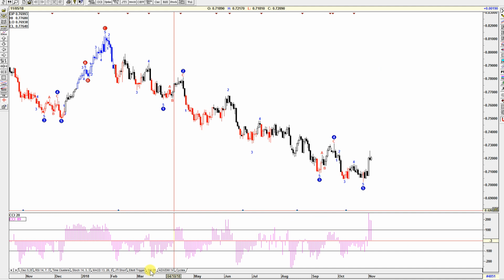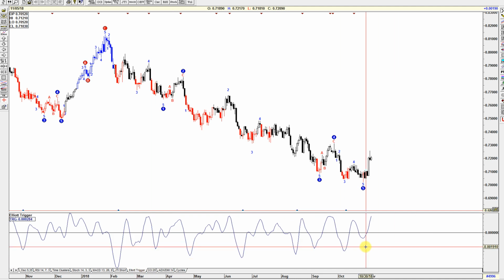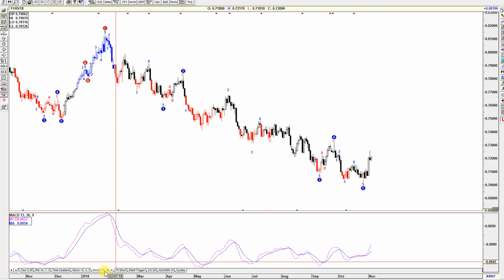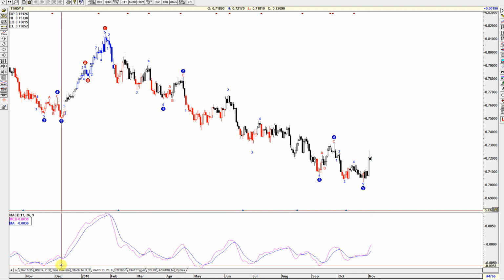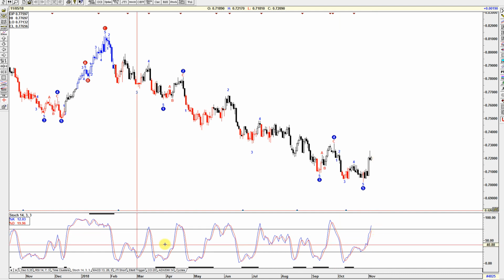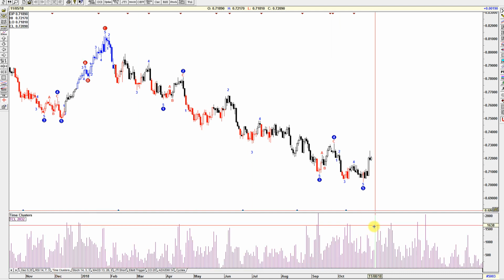AUDUSD, CCI bullish. Elliott trigger bullish, hasn't turned anything yet. MACD looks bullish. Stochastics up here. Time cluster: I got a time cluster of the 8th.